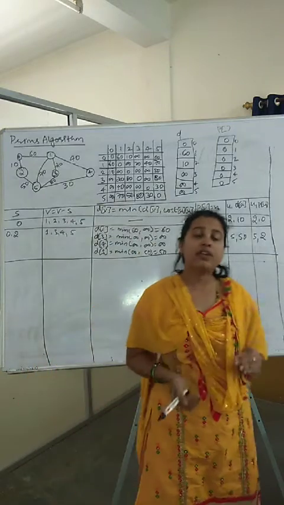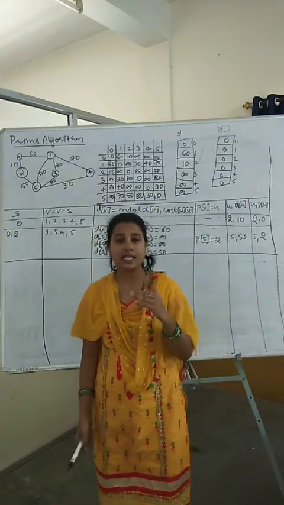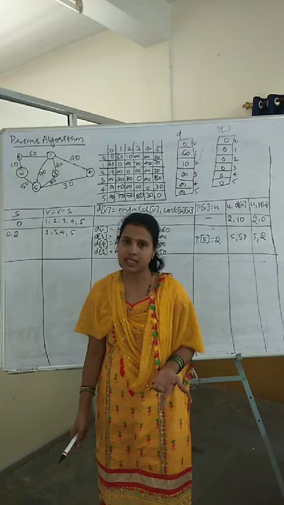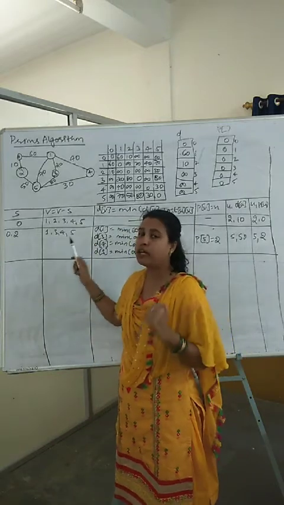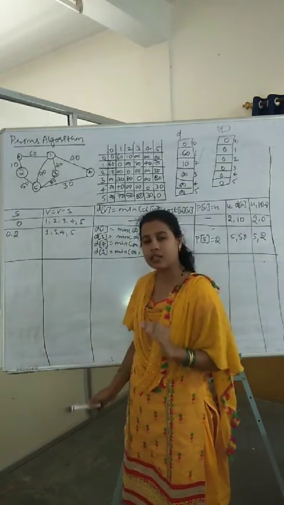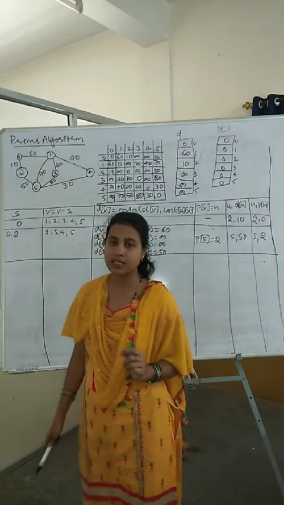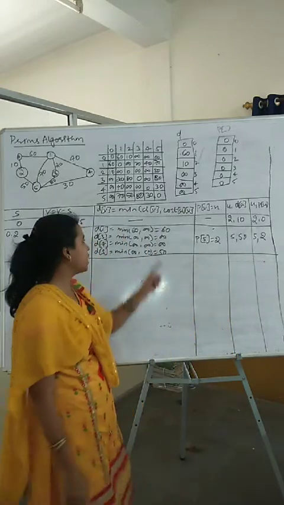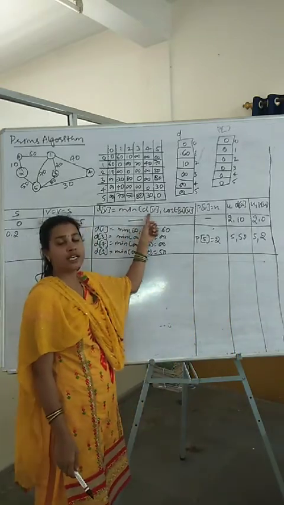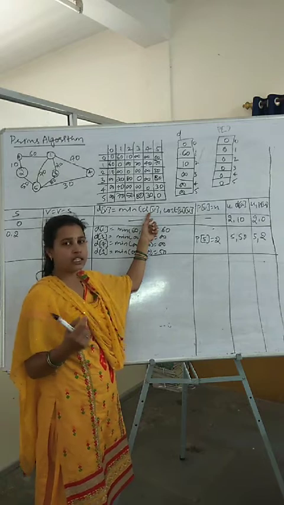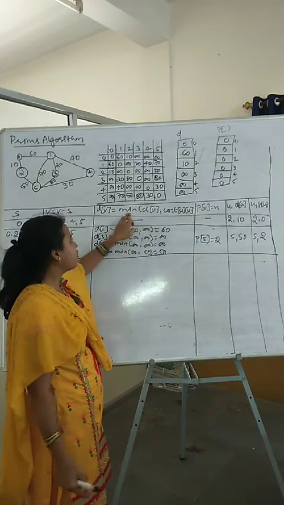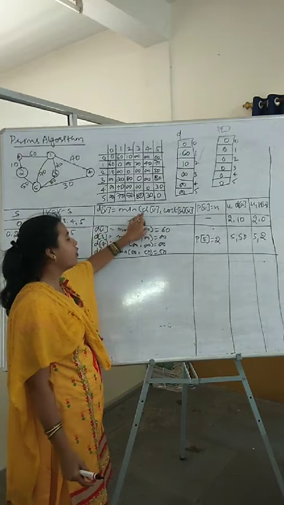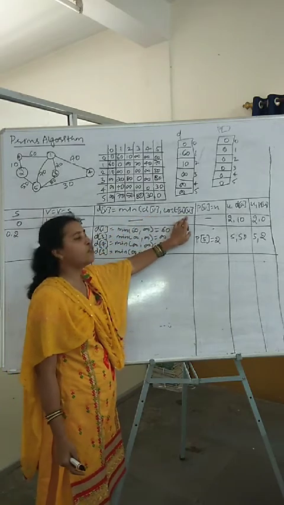Till here we have followed the same procedure as in Dijkstra's algorithm. Coming back to the tabular headers, they are similar to Dijkstra's; we only make a modification in finding the minimum cost. To find the minimum cost here, we consider only the minimum of d of v and cost of u comma v.